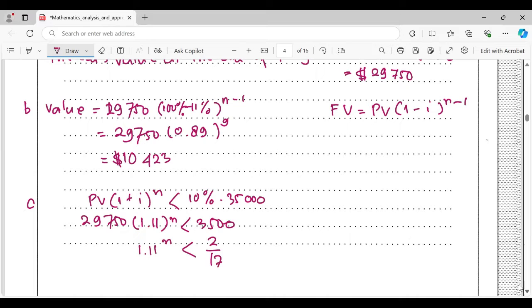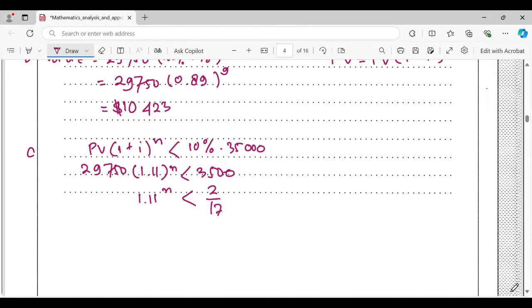I have calculated that, and then take log of 1.11 to the power n less than log of 2 over 17.